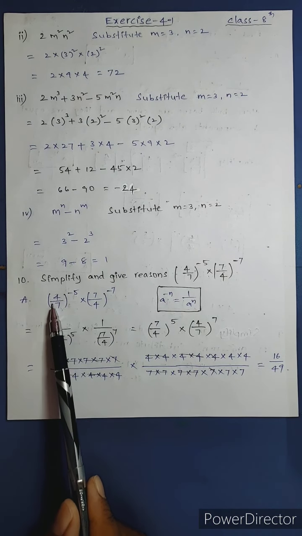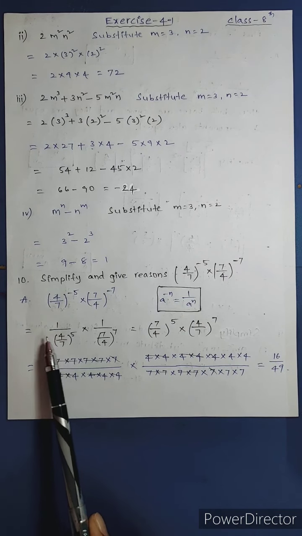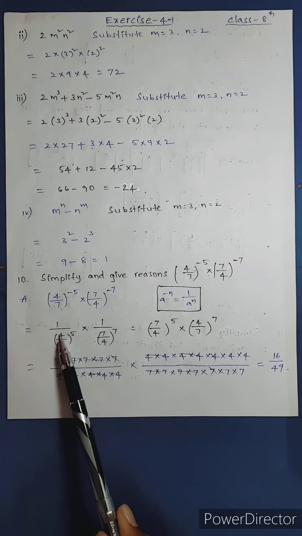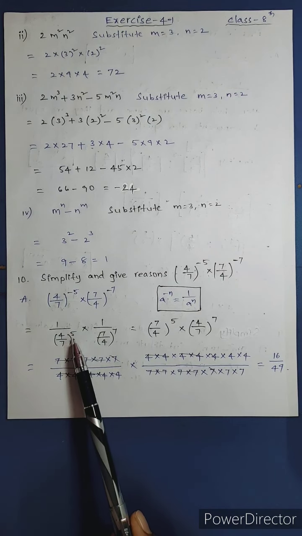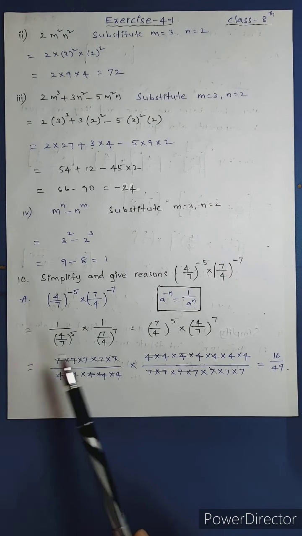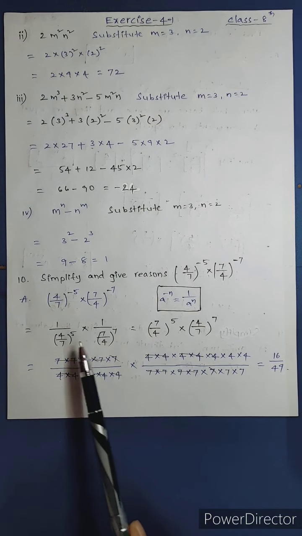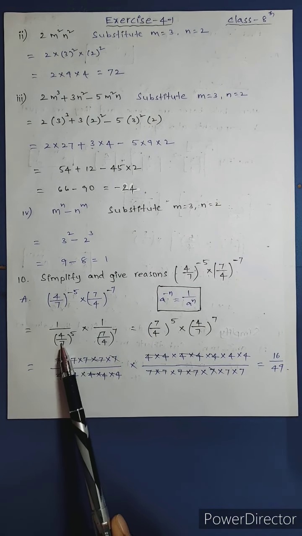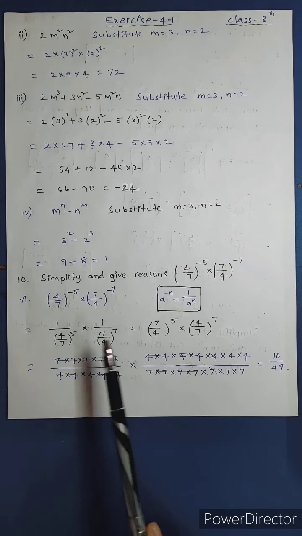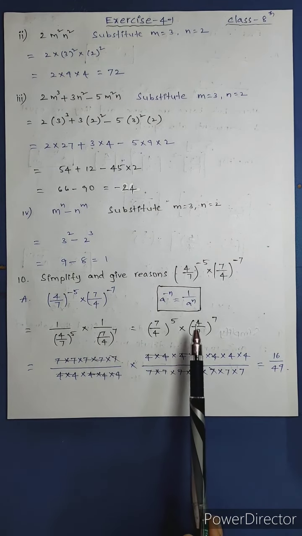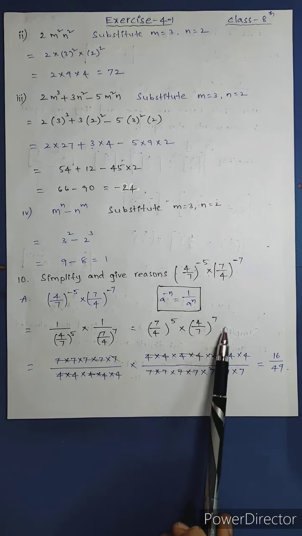So assume this whole as 1 by a power of n into 1 by a power of n. 4 by 7 is in denominator place, so write its reciprocal in numerator place. 4 by 7 changes to 7 by 4, because this fraction was in denominator place. 7 by 4 whole power of 5 into 7 by 4 changes to 4 by 7 whole power of 7.